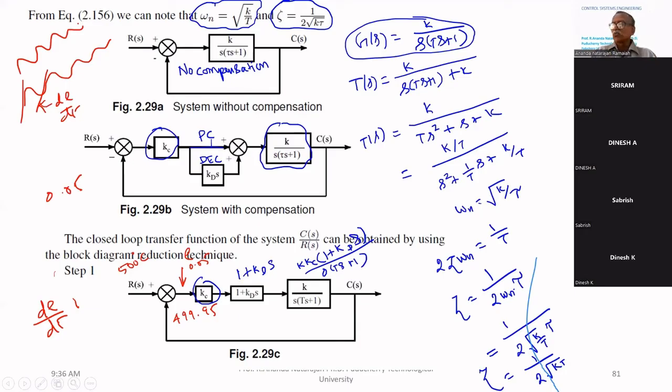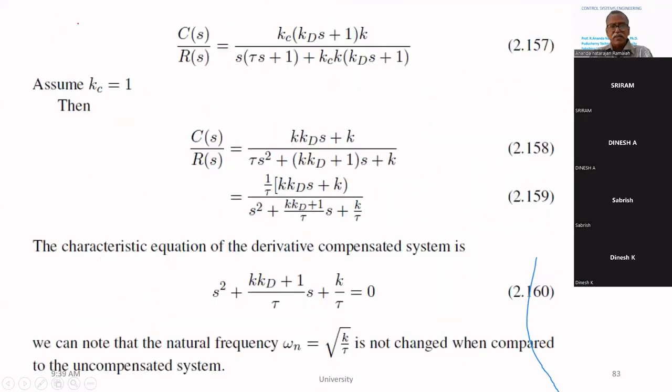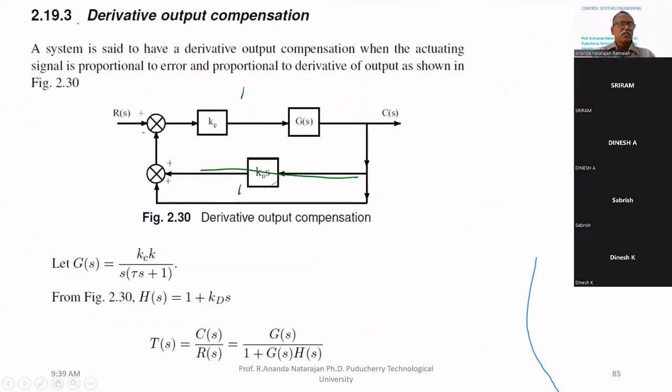That's why we cannot use derivative compensator like this most of the time. It amplifies noise. Instead of using derivative error compensator this way, we can use derivative output compensation.